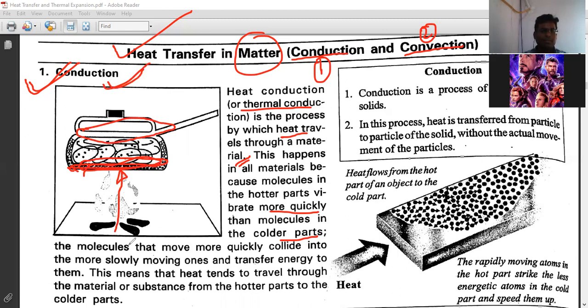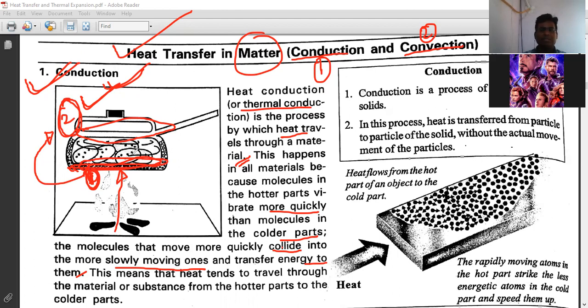Next point, molecules which move fast collide into the slower molecules and transfer energy to the other one. So point A has more energy than point 2. Molecules of the first point collide with the second one and transfer the energy to the second one. So that is called conduction.